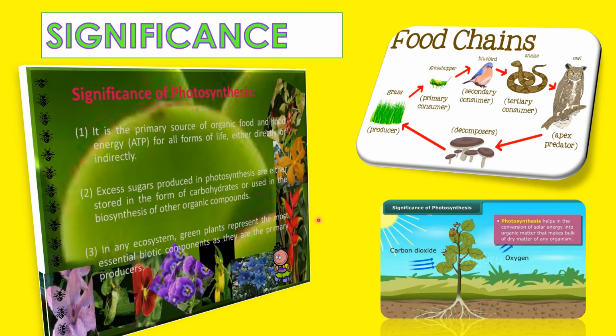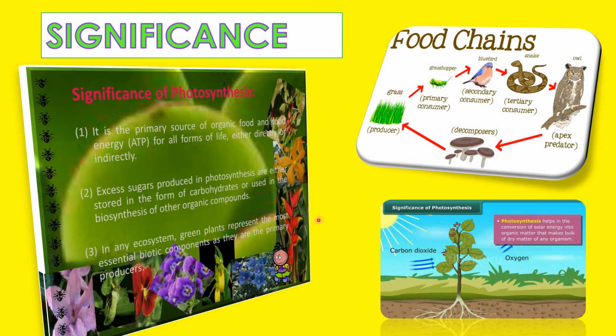Herbivores are solely dependent on plants for their food and energy requirements. They pass it on further when they are eaten by a carnivore. The plants represent an important component in an ecosystem.